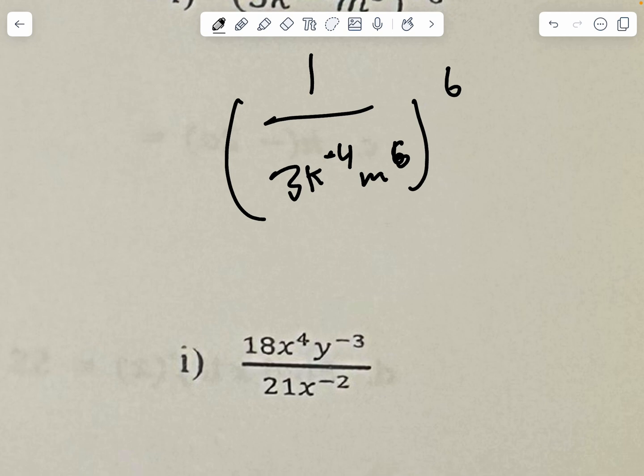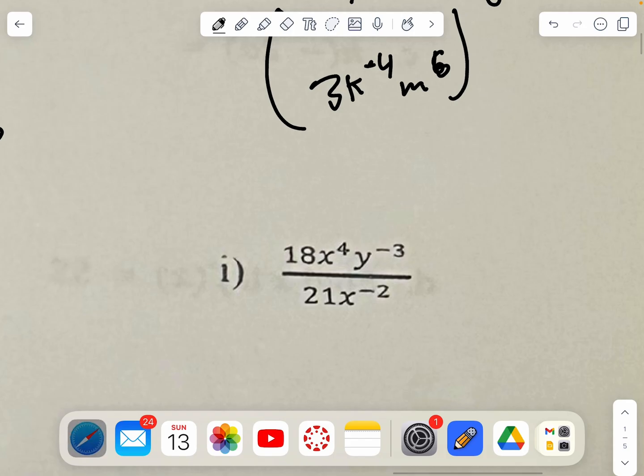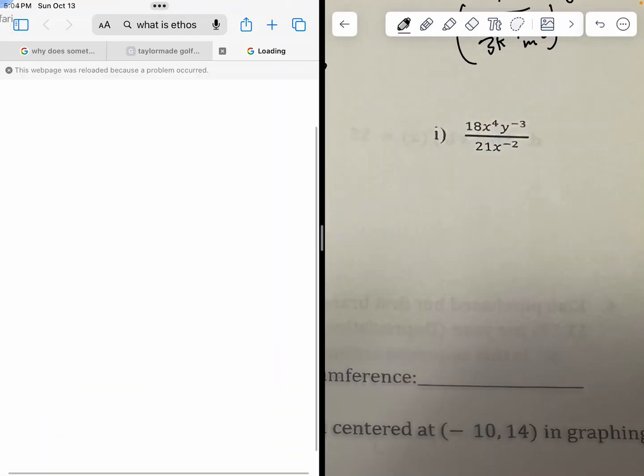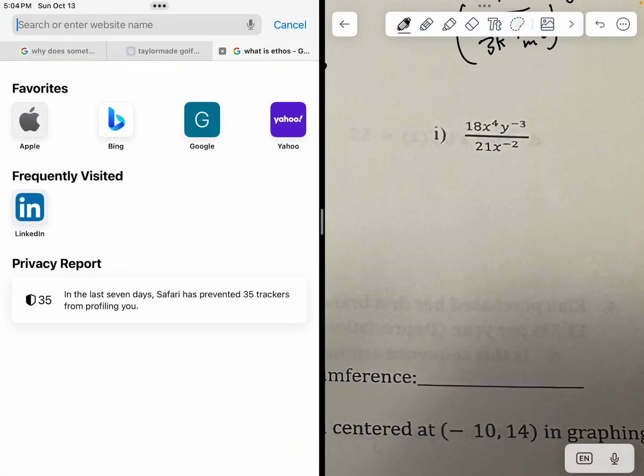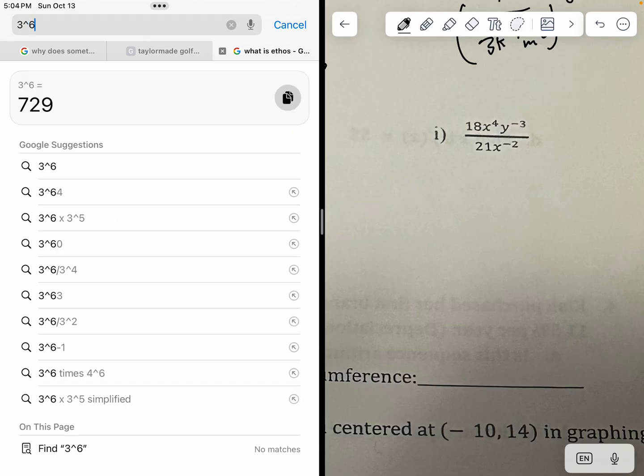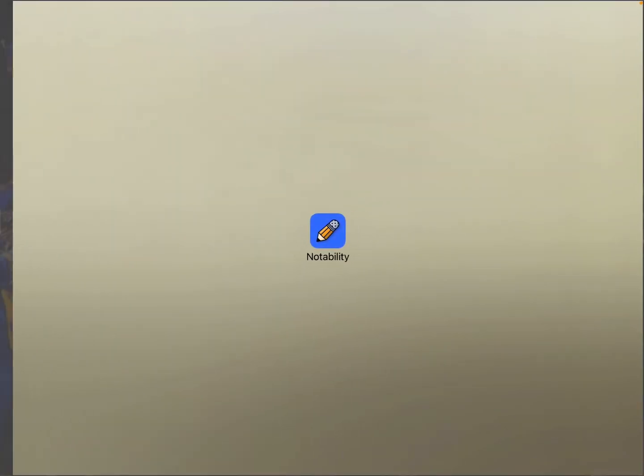Multiply it by the 6th power. So 3 to the 6 is 729.